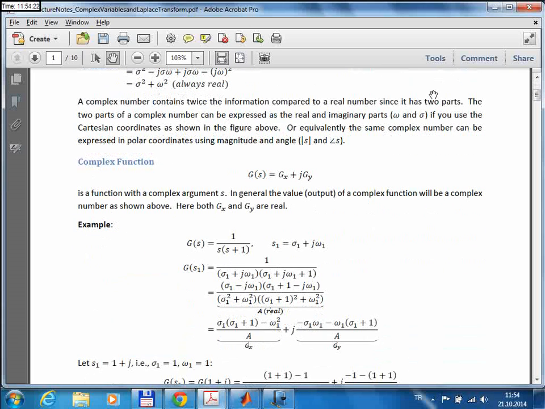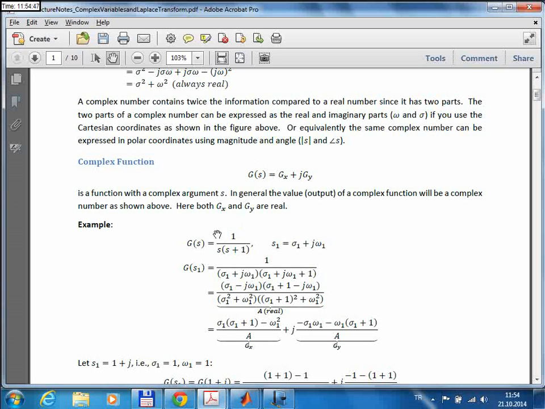Next, let's talk about complex functions. A complex function is really not different from a regular function. It is a function of a variable, so you present it in this form. The variable in the parentheses is the argument of your function. If the function can accept complex numbers as arguments, then we call that function a complex function.